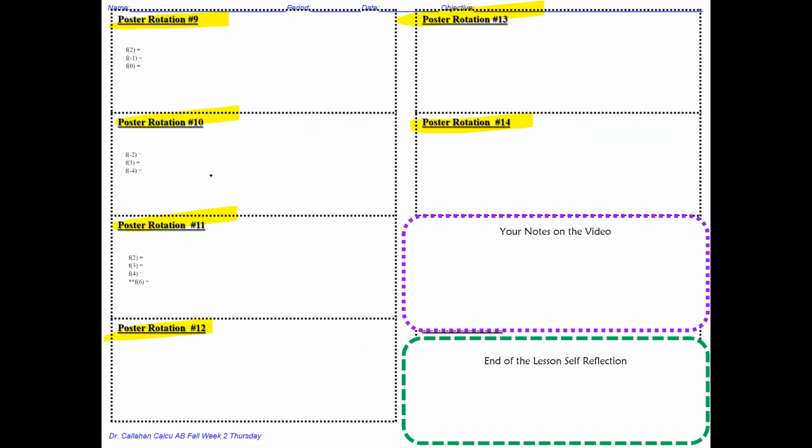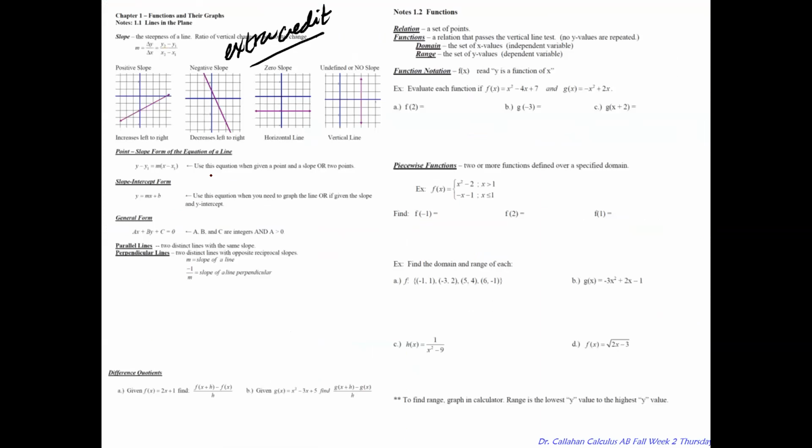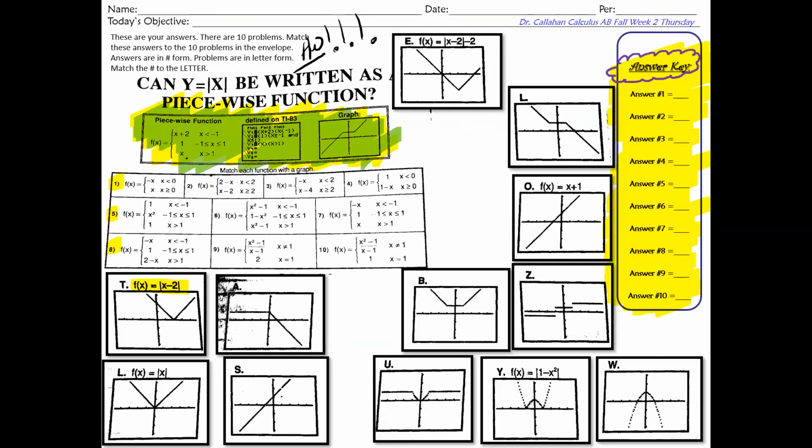There are 14 different rotations, and here are my notes for today's stuff as well. And then this is the graphing of the piecewise functions using your calculator. So all you have to do is take 1, 2, 3, all the way to 10, graph these piecewise functions. The instructions are right here, and then essentially match them to the graph here. And you just write your answer on the right side.